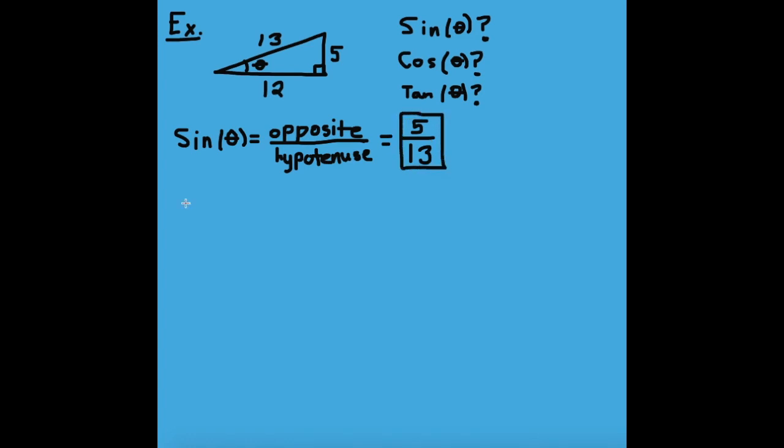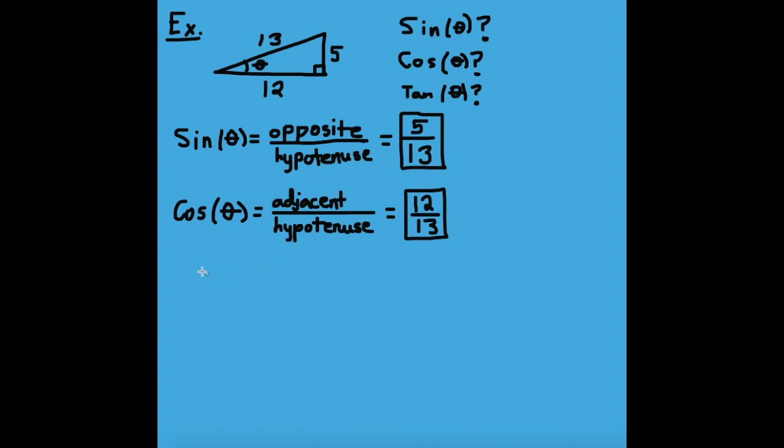So what is cosine theta? Cosine theta is adjacent over hypotenuse. We reviewed that the adjacent side is the side that is next to theta. Therefore, the adjacent side is 12. Since cosine theta is adjacent over hypotenuse, cosine theta is 12 over 13.